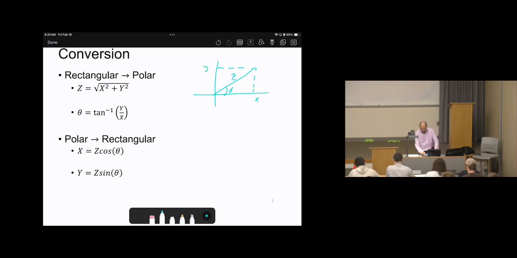Then you can project z on the x-axis, so x equals z cosine theta. The projection of z on the y-axis gives y equals z sine theta. That's how we find these. And if you need to find z, it will be the square root of the opposite squared plus the adjacent squared, x squared plus y squared, and theta equals the tan inverse of y over x. Okay? So yeah, it's easy.